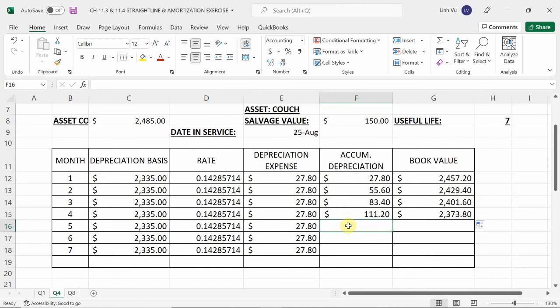So what's the fifth month? Now 111.20 minus... Not minus, you're adding.